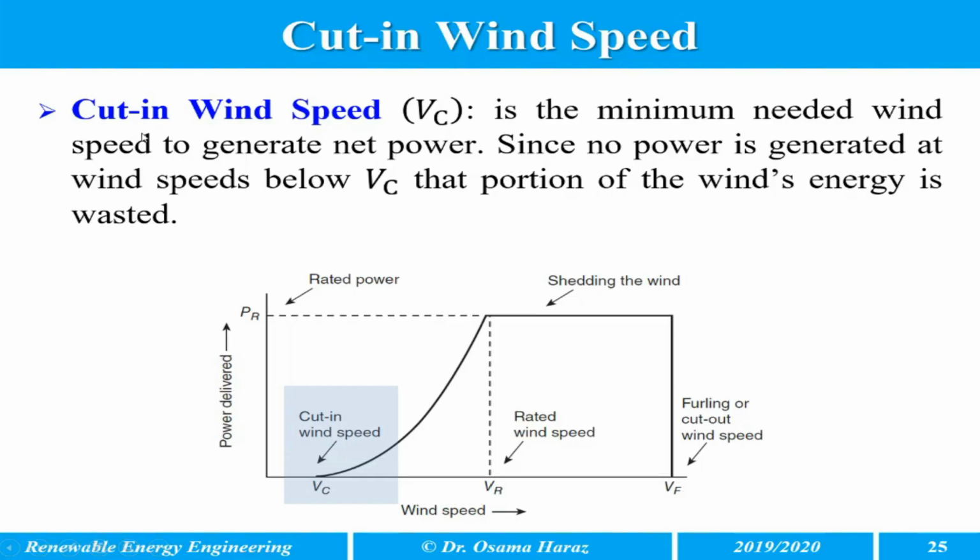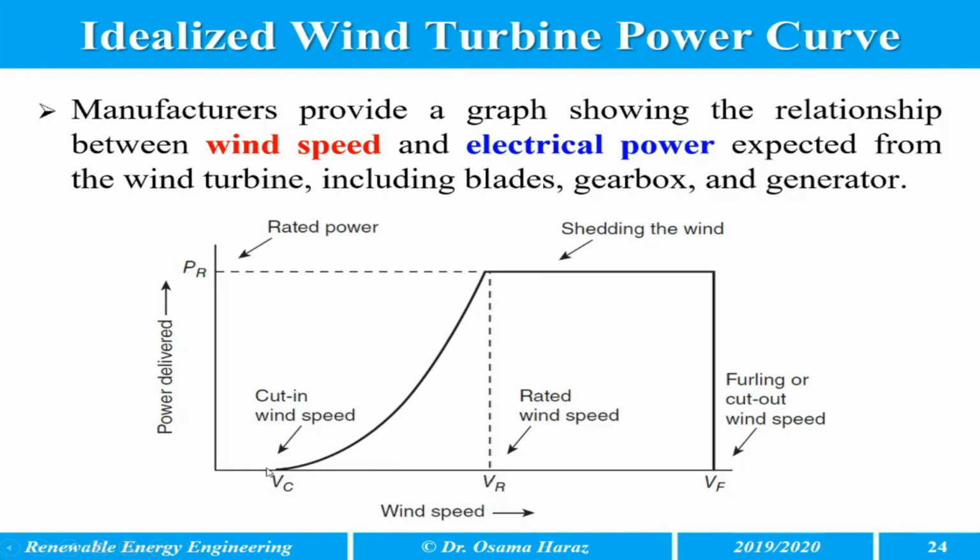Cut-in wind speed VC is the minimum wind speed needed to generate net power. Since no power is generated at wind speeds below VC, that portion of the wind's energy is wasted. Then after VC, you collect power from the wind turbine as the wind speed increases, until you reach VR.